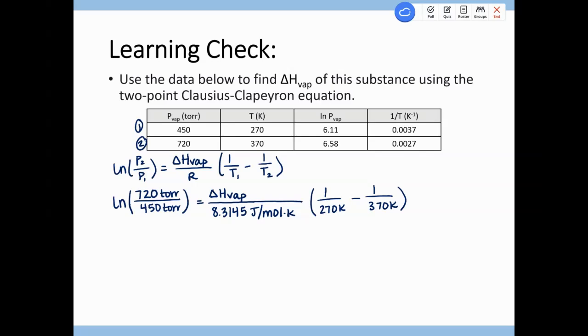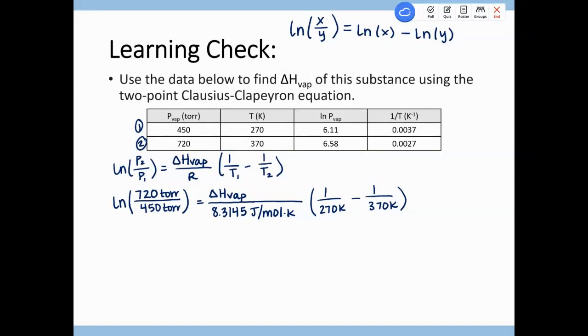So in the table, we're provided natural log of vapor pressure. So this fraction, or natural log of P2 over P1, if you have natural log of any fraction, let's just do x over y. This is equal to the natural log of x minus the natural log of y.